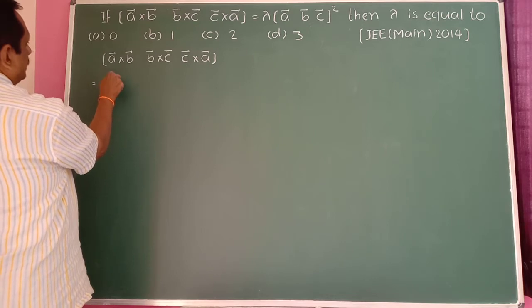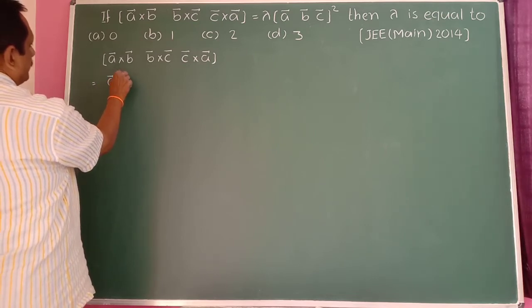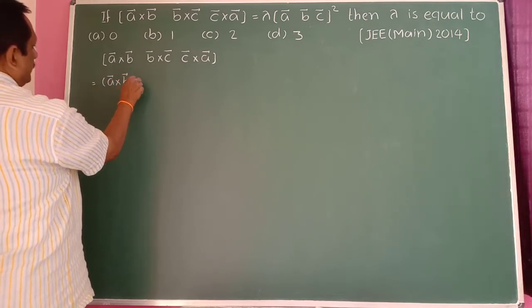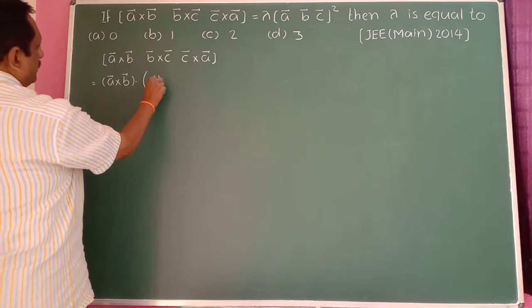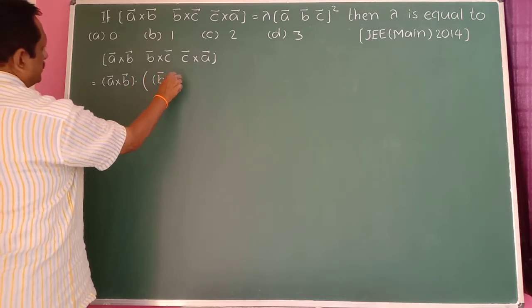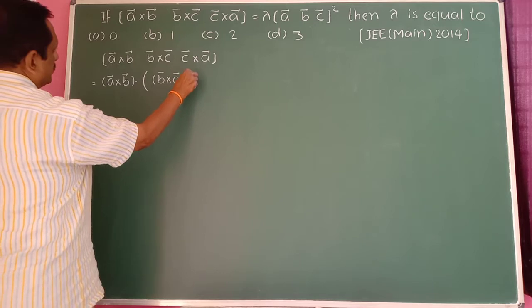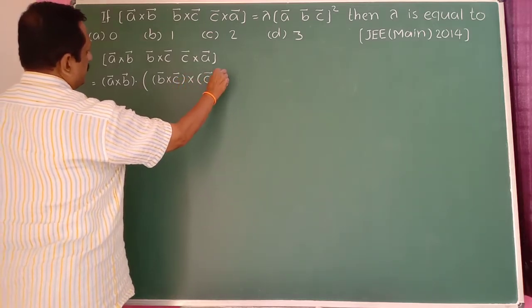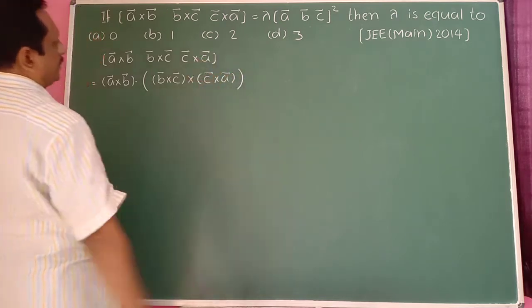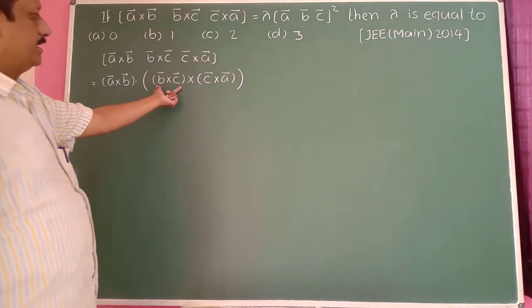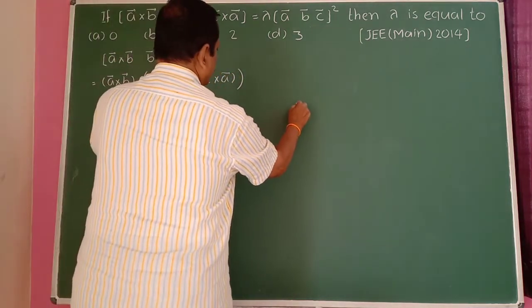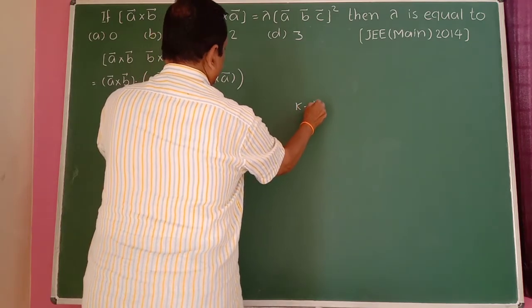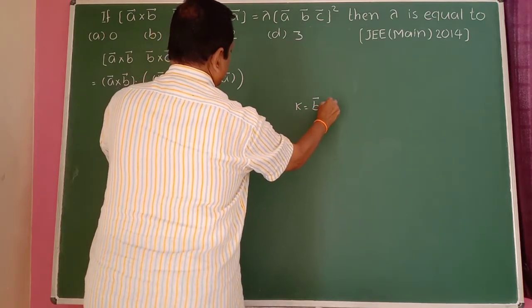A bar cross B bar dot B bar cross C bar cross C bar cross A bar. Consider this one as K. So K is equal to B bar cross C bar.